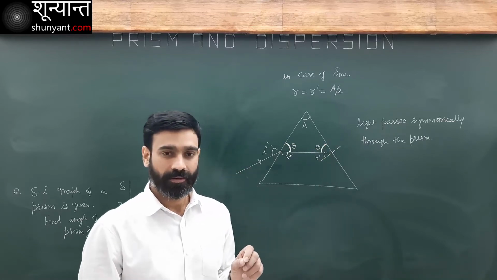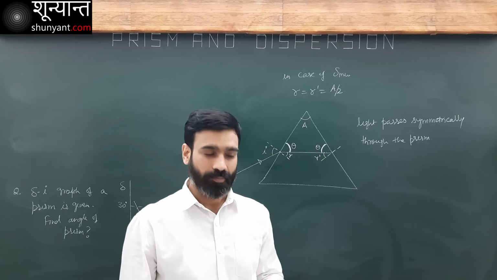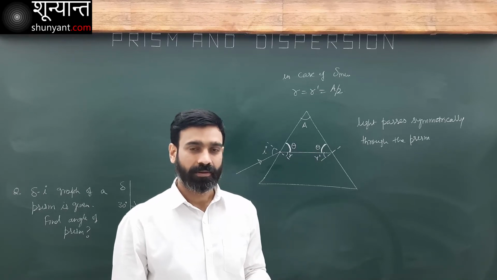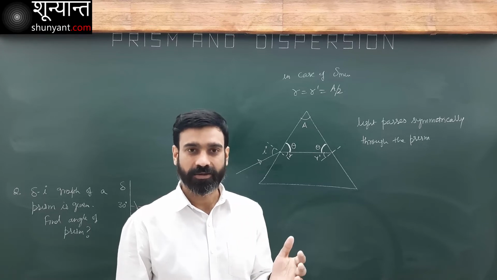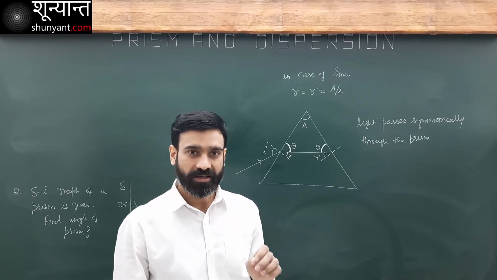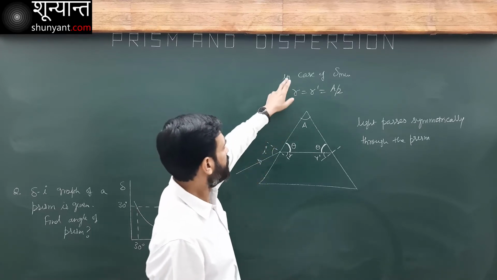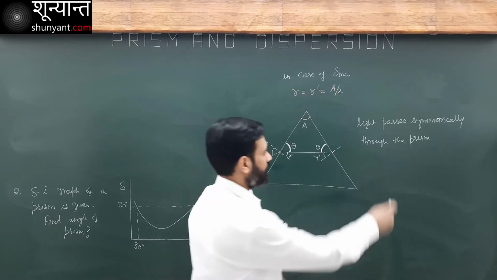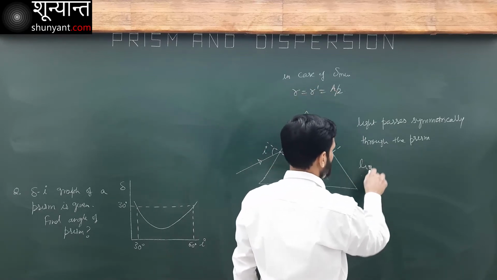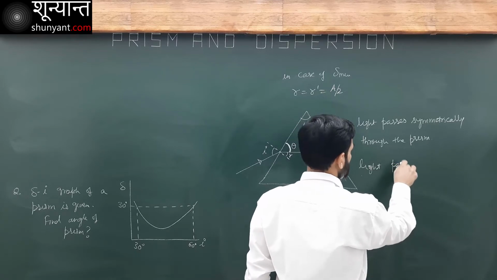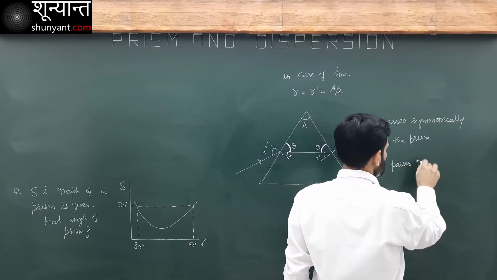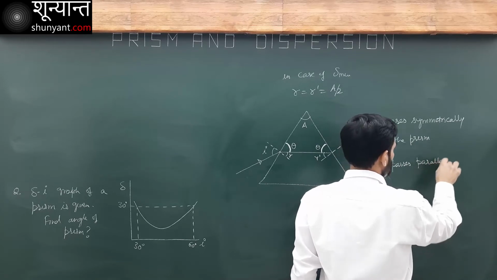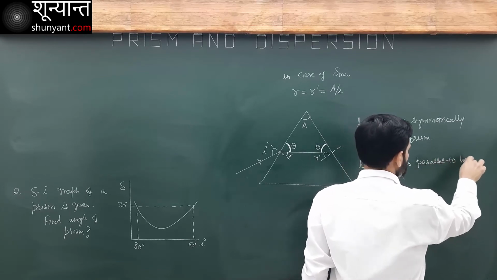Now, in many books, in most of the books, even the standard resources, what is written is that in case of delta minimum, light passes parallel to base.